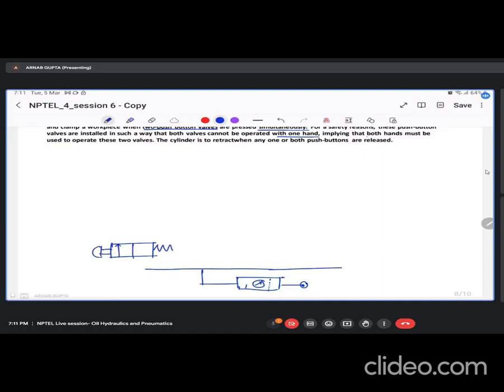It's a simple... so I'm showing the activated condition when you are pressing both the valves. Okay, you can always show the other condition.